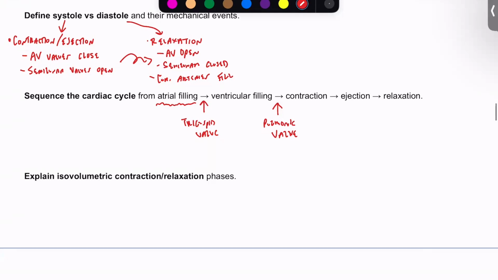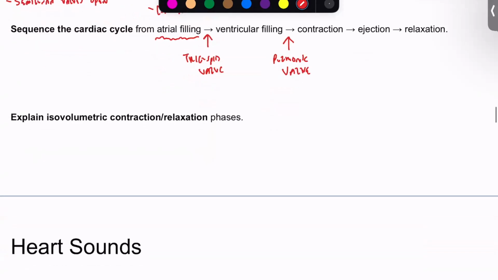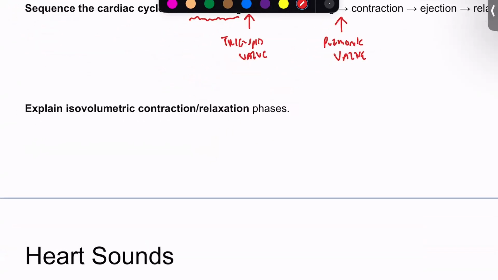And then let's explain isovolumetric contraction and relaxation. Isovolumetric contraction specifically occurs right after your AV valve closes.